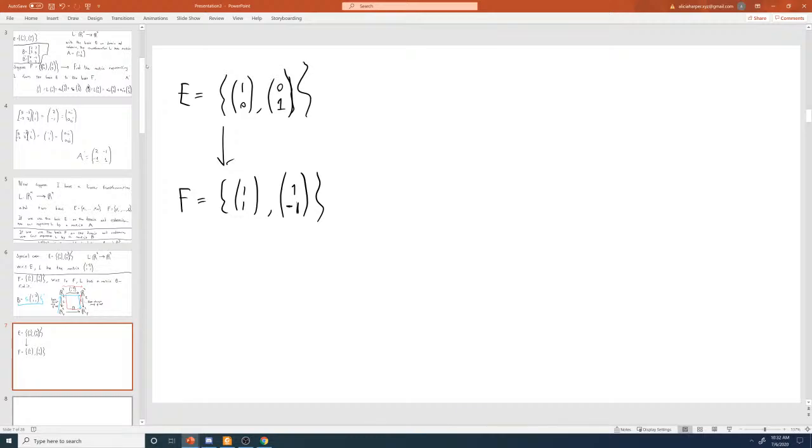It means I want to take 1, 0, and I want to express it in terms of these two vectors. So I want to say, okay, this is S 1, 1 times 1, 1 plus S 1, 2 times this.